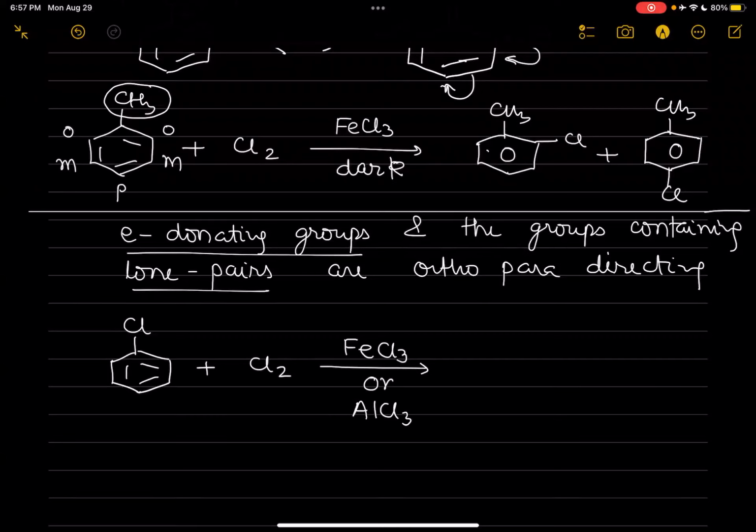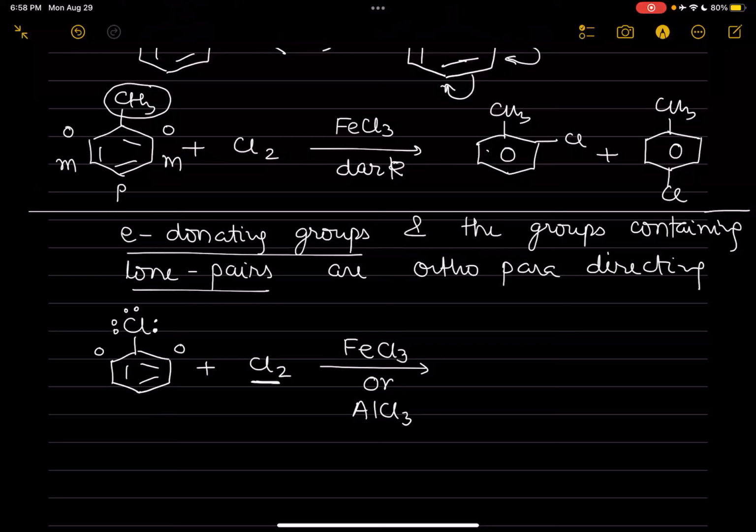That is also a very good Lewis acid. So the chlorine has a lone pair. Where do I put the new chlorine atom, the second chlorine with respect to the first?